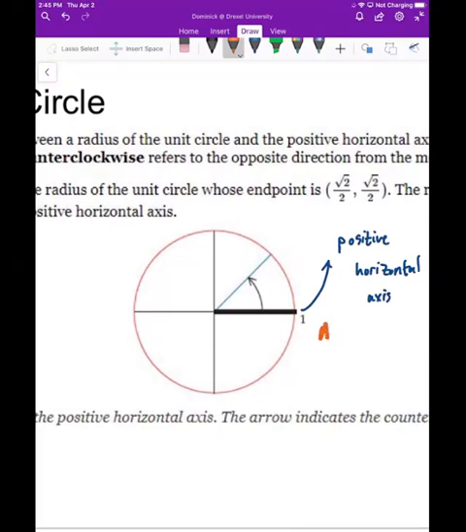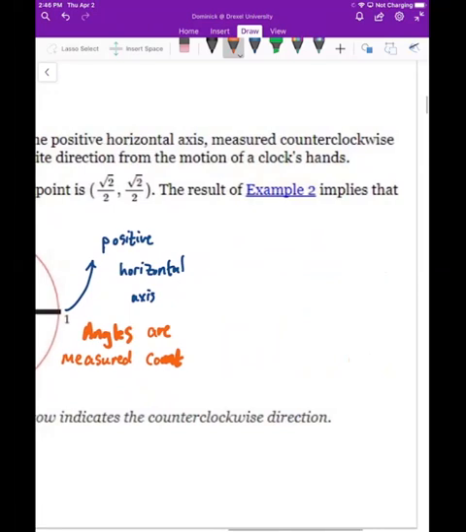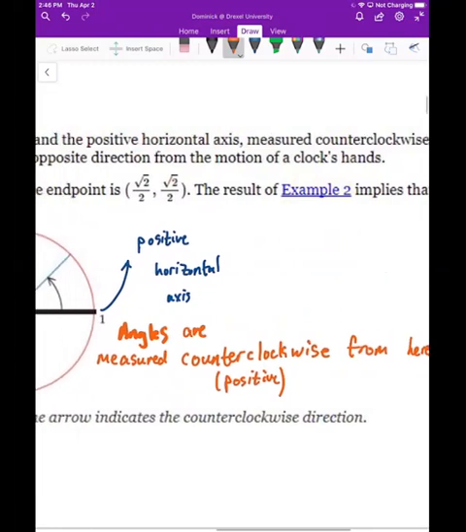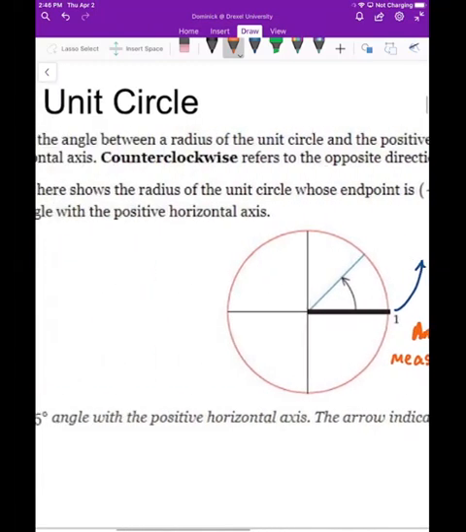So angles are measured in the positive direction, at least, counterclockwise from the positive horizontal axis. If it's counterclockwise, that's the direction of a positive angle. If you wanted to go clockwise, then you would have a negative angle.